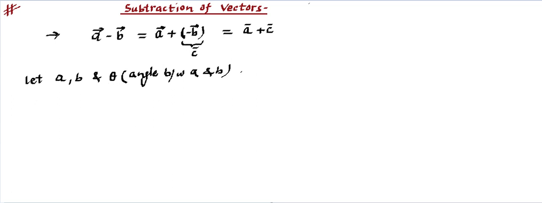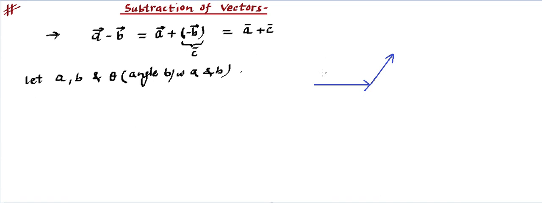So let's try to draw the two vectors, and we will try to subtract them. Let's say this is vector A, and this is vector B. If we place vector B like this, that means we are going for addition of the two vectors A and B. From here we can measure what the theta angle is.